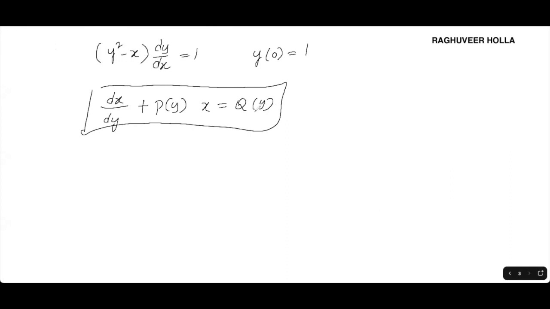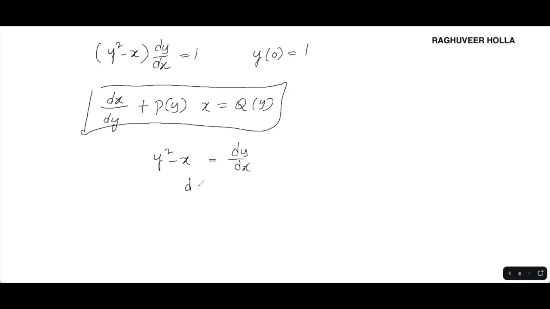So let us first try to write it in this form. Taking dy by dx on the right hand side, you get y square minus x is equal to dy by dx. Let us rearrange this in this form.